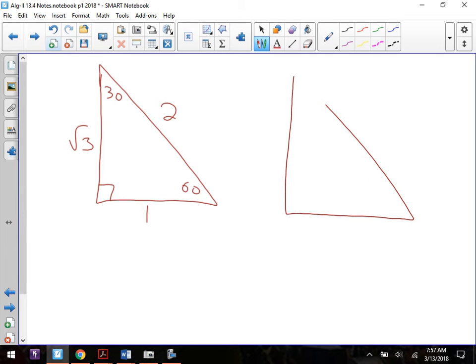Then you have your 45, 45, 90, which is 1, 1, root 2. So you have to remember you're placing it into one of those triangles, and then you're just going to rotate it with the reference angle. Okay.